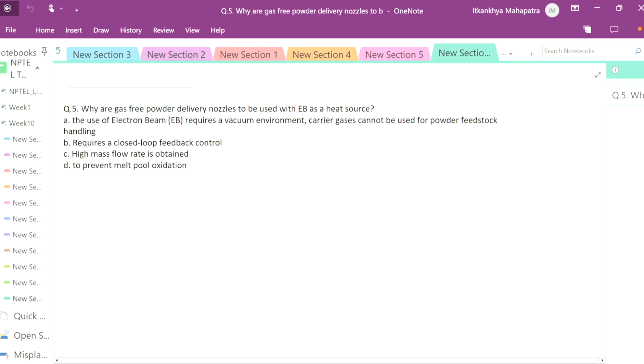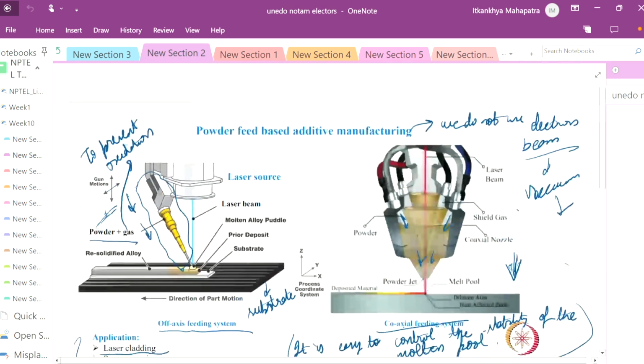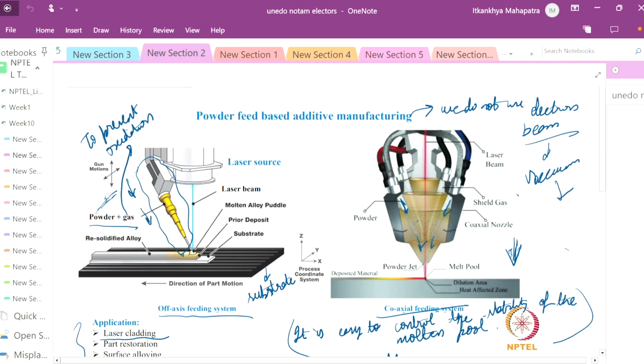Next question: why do we use coaxial? As we discussed, the only reason is that it is easier to control the stability of the molten pool.